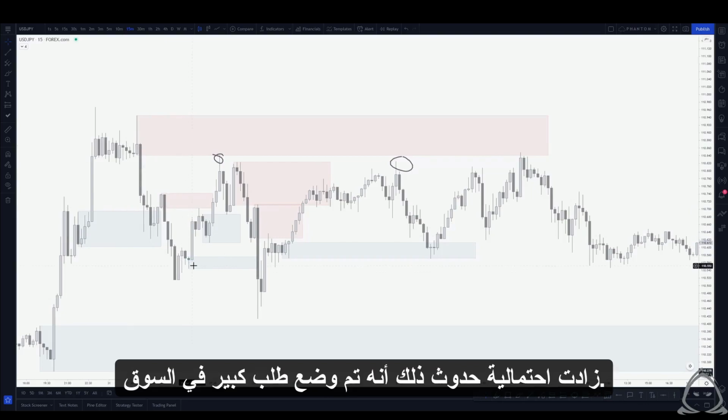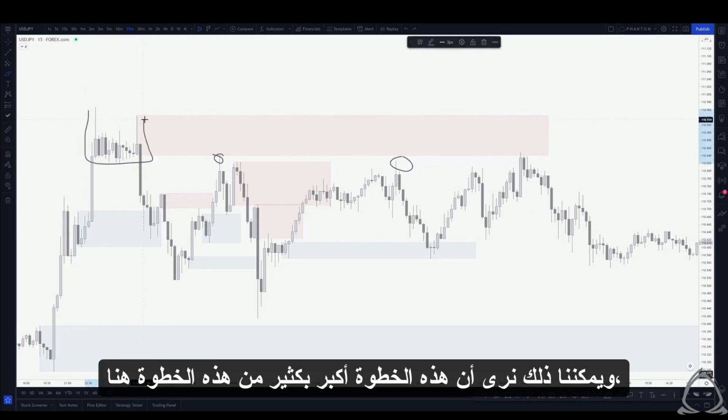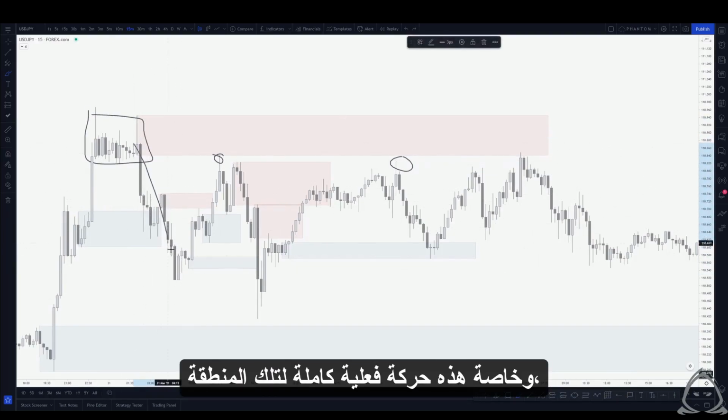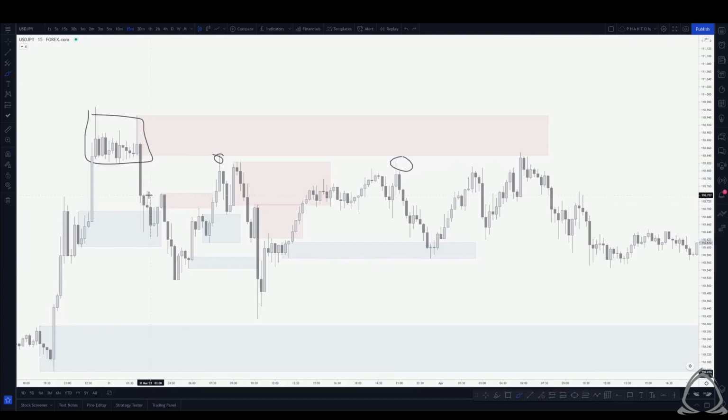The sharper the move, the more likelihood that a large order has been placed in the market. And that's why not all moves are equal, in which we can see that this move is much bigger than this move here. Especially this is an actual full move of that zone, whereas this move is actually broken into two moves.